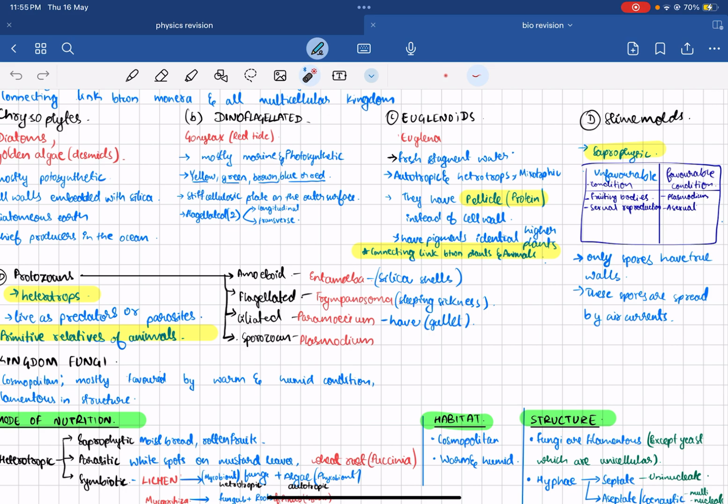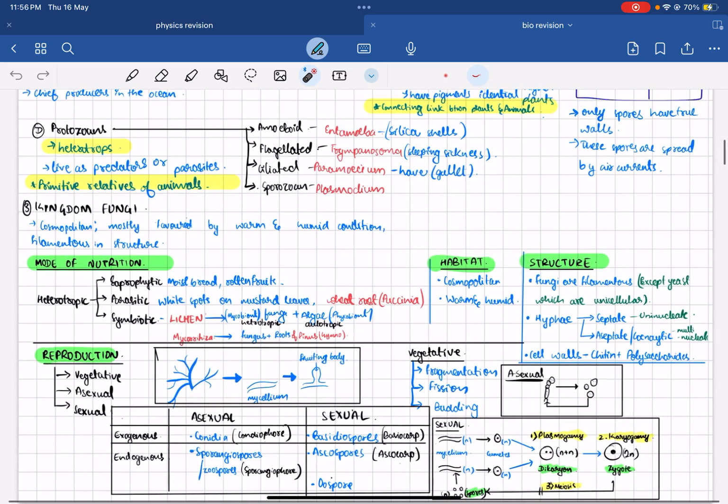Unfavorable they form plasmodium or cyst formation will take place, and inside which they form multiple small spores or smaller organisms. But in slime molds it's a reverse, so we have to remember this. And the spores only have the true cell walls, and spores are spread through the air current.